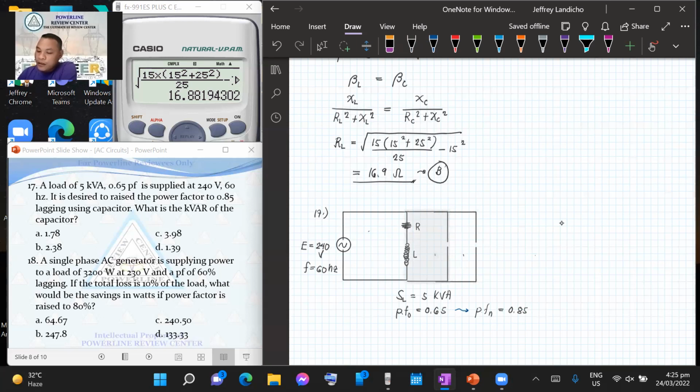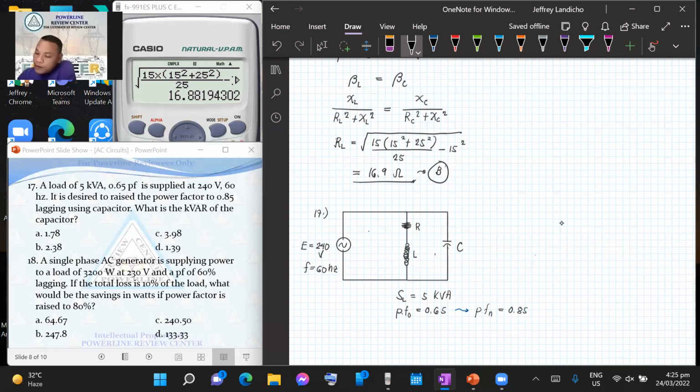So, at this case, that is using capacitor bank. At ang connection niyan, palagi, they are just connected in parallel. So, for capacitor bank, let us consider here. Ito yung capacitance ng ating capacitor bank.